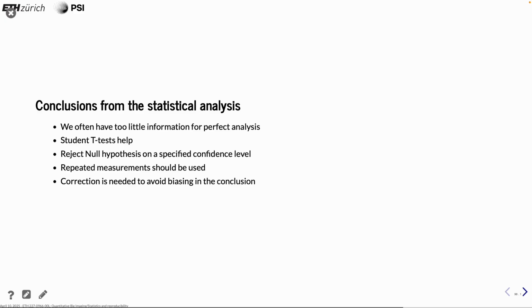It helps us reject a null hypothesis on a specific confidence level, which is actually what we want to say. And you should mostly repeat experiments on each point, so you get a better statistical foundation for your conclusion. And sometimes you also need a correction to avoid biasing in the conclusions.